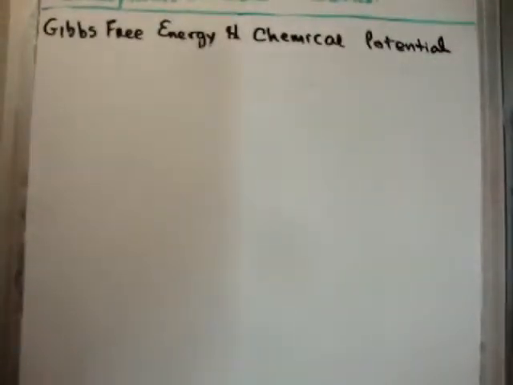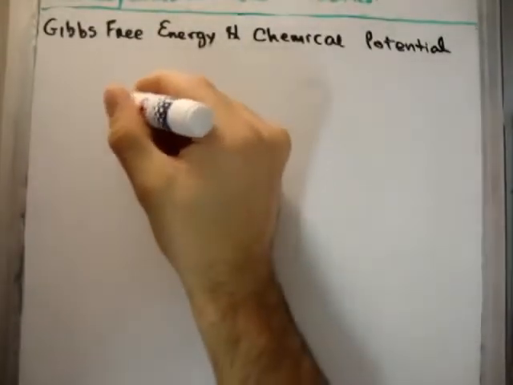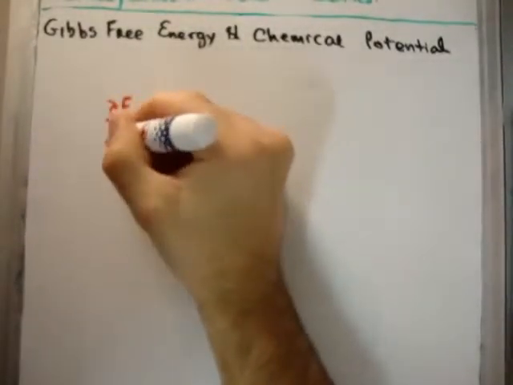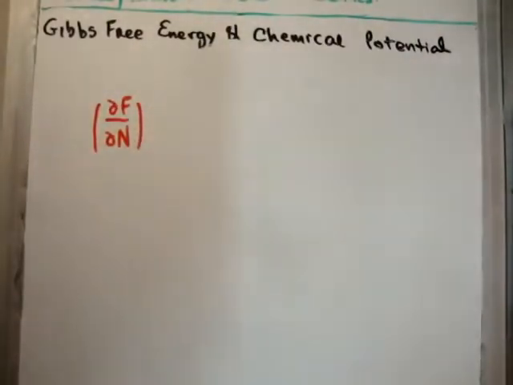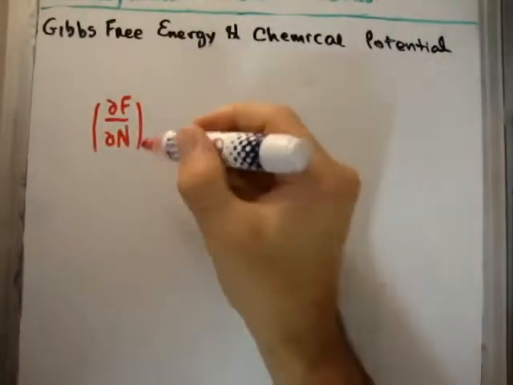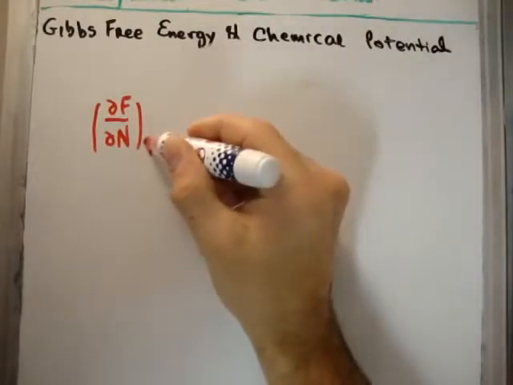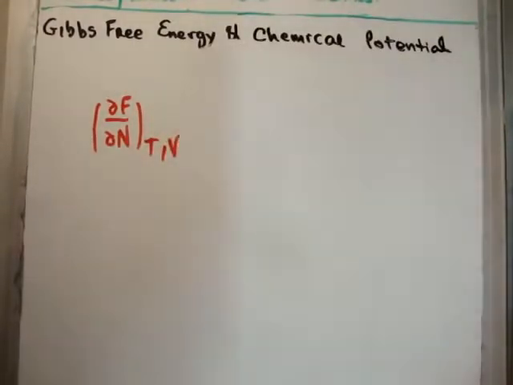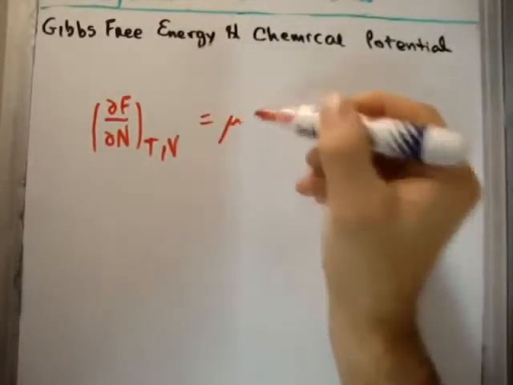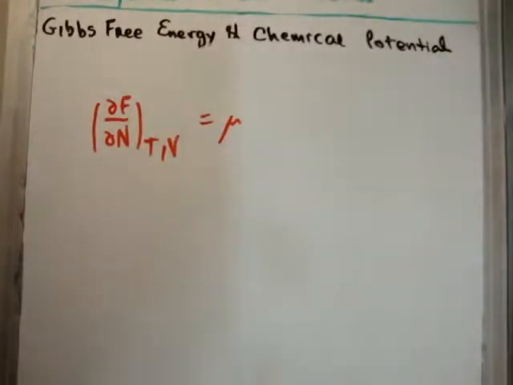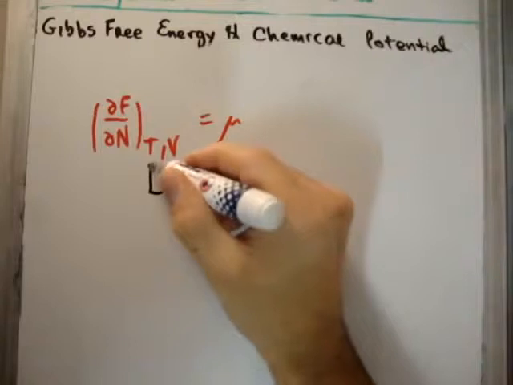If we take a similar partial derivative, del F del N, where F is the Helmholtz free energy, we take the partial derivative with respect to the number of particles, holding temperature and volume fixed. Now by the partial derivative, this also should give us the chemical potential. The next thing we need to do is analyze what is happening here.